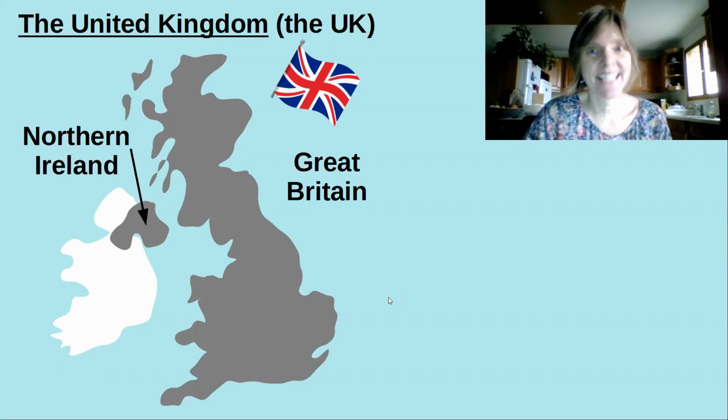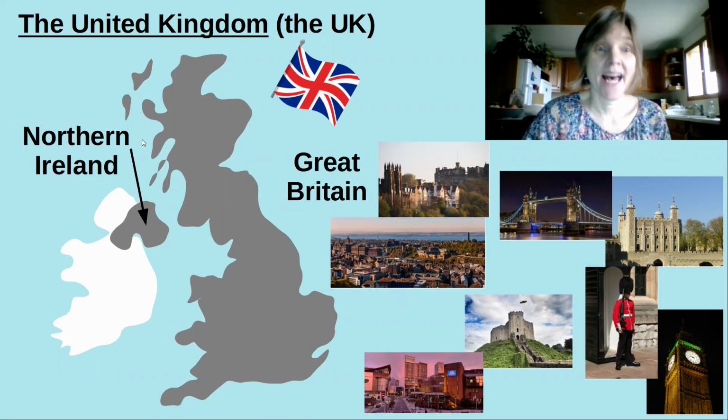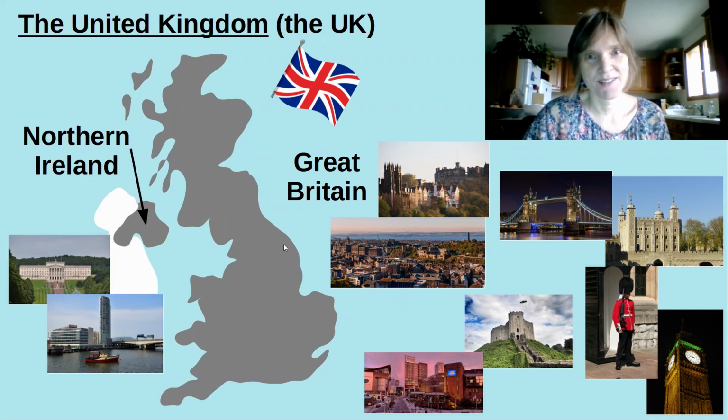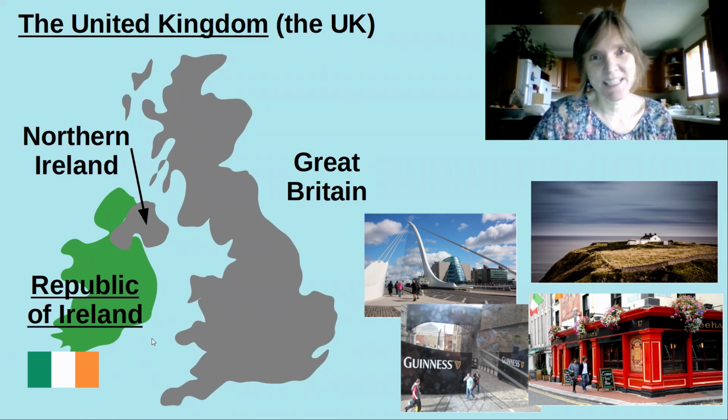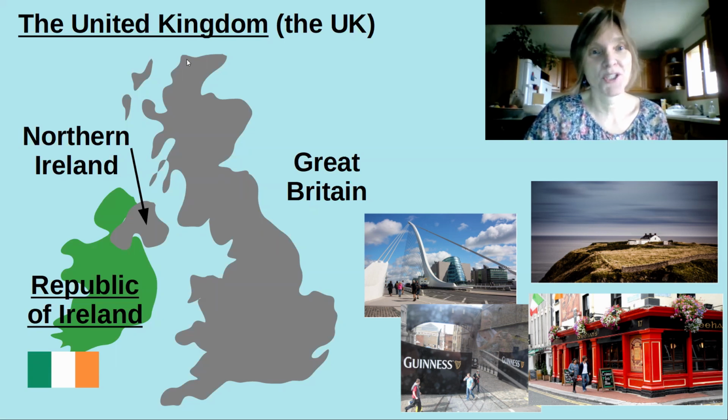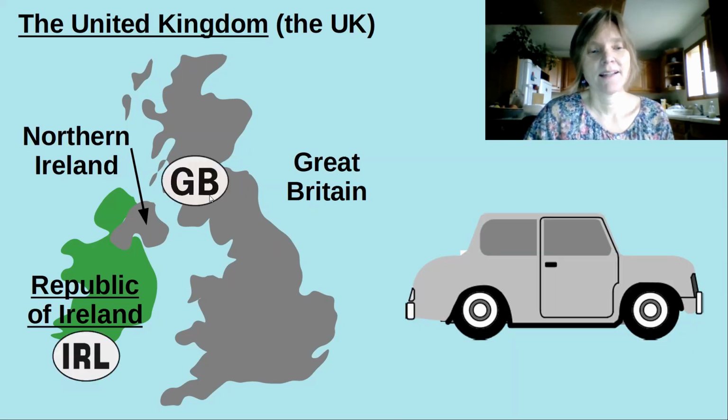I think you know that the UK, the United Kingdom, is very complicated. The United Kingdom consists of Great Britain and Northern Ireland. The Republic of Ireland is a separate country, completely independent of the United Kingdom.